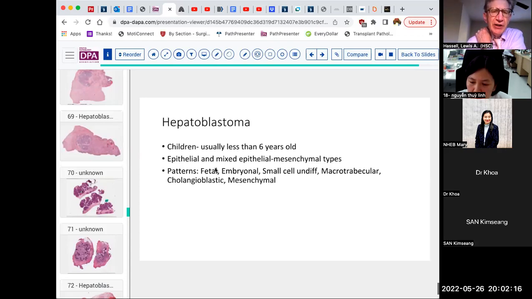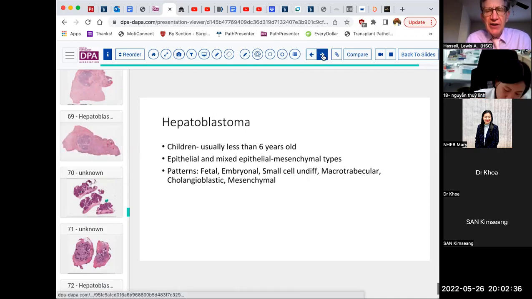Unfortunately, I only have 4 examples to share with you, and these are all quite similar. But there are a variety of other patterns with mixed epithelial mesenchymal components, various small cell or macrotrabecular features, and so forth. So I apologize that I can't give you a full rendition.